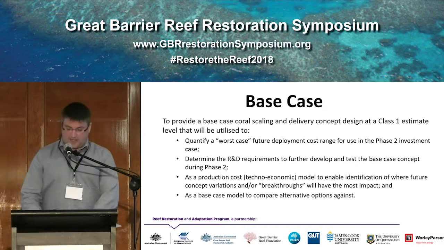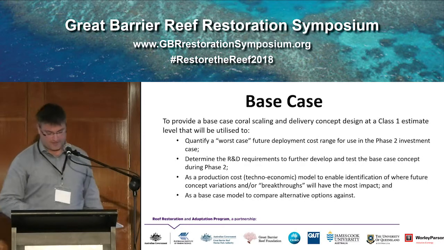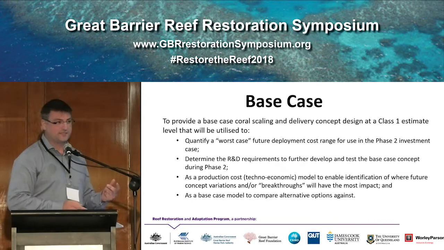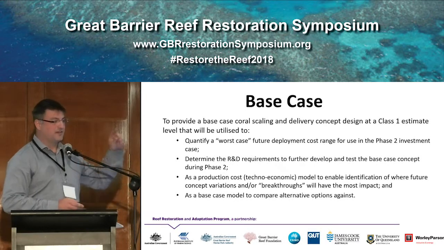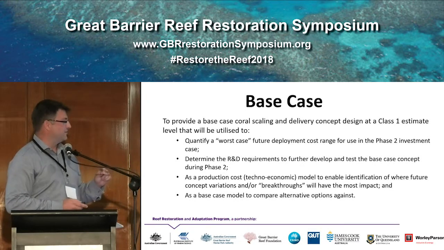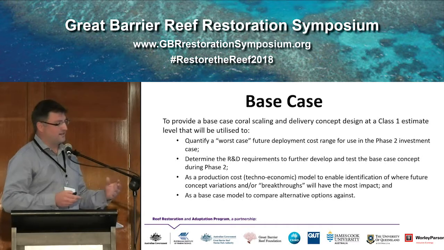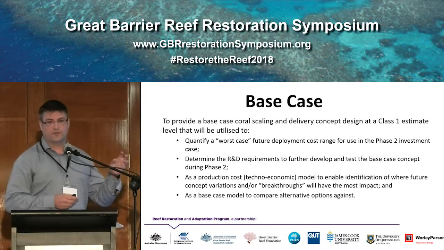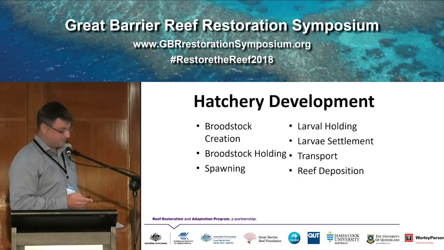So we took this base case as a worst case scenario, and we ran with these numbers to determine the R&D requirement to further develop and test this base case concept. And we wanted to understand the production cost, as Dave showed earlier, per unit at this phase 1, and it would be further refined in phase 2. And we could see the key research bottlenecks where if things were cracked, like out of season spawning, what the upside would be in terms of unit cost that was deployed.